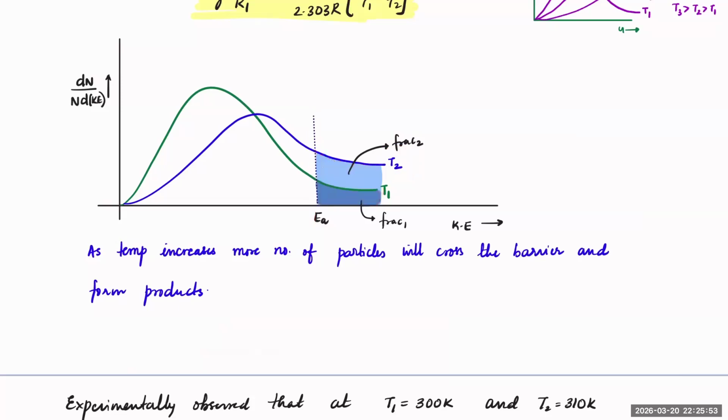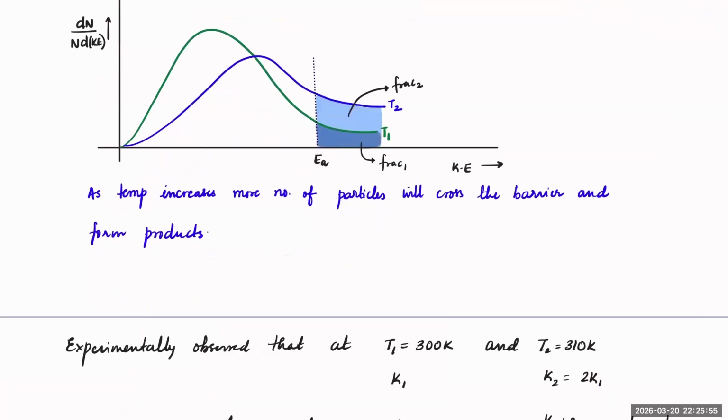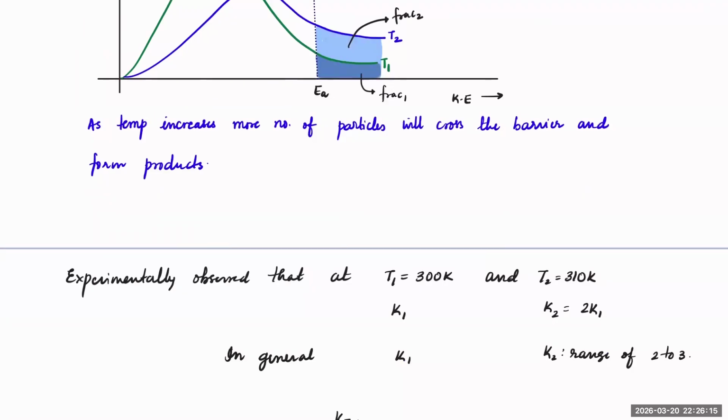It is clearly visible that as the temperature increases, more particles are crossing the barrier. So one thing we can say: rate always increases in one direction, either in the forward or backward direction, as the temperature increases.